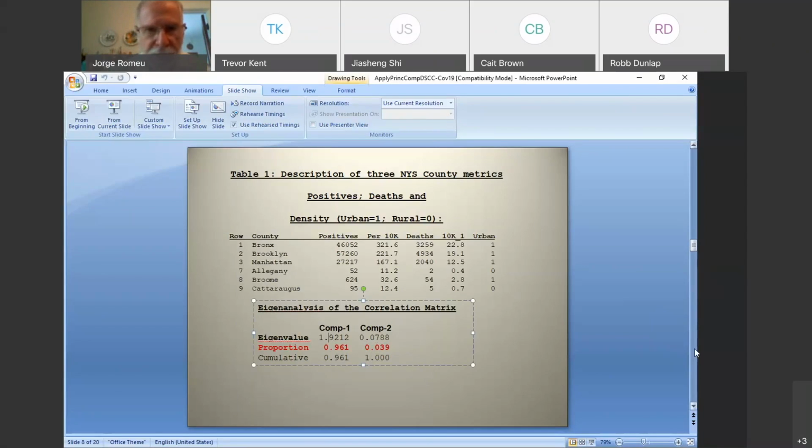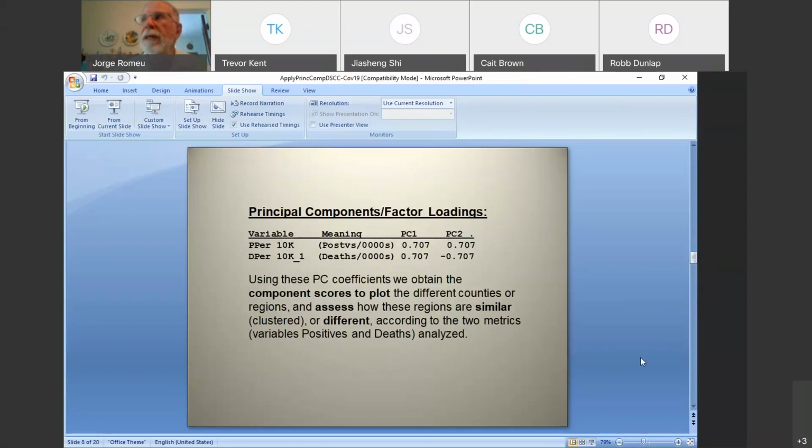This is useful, so you can plot it. Principal components are very helpful not only in finding which variables are the strongest, but also in clustering the regions and then trying to find out what their common characteristics are.